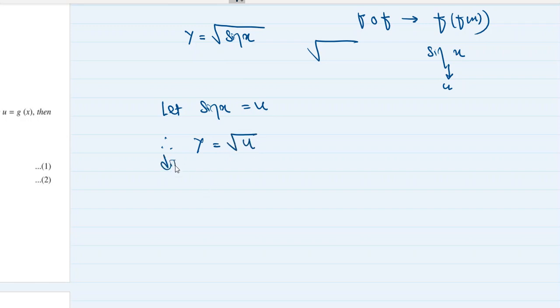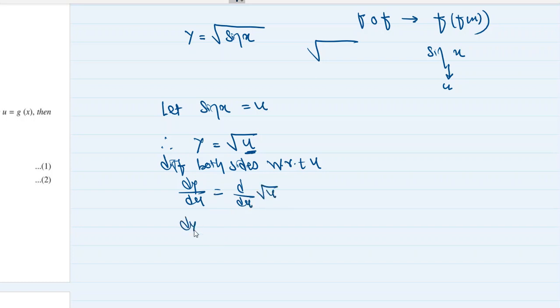Now differentiate both sides with respect to the variable, whether it is u or x or whatever. So dy by du, differentiating y with respect to u, is equal to d by du of root u.